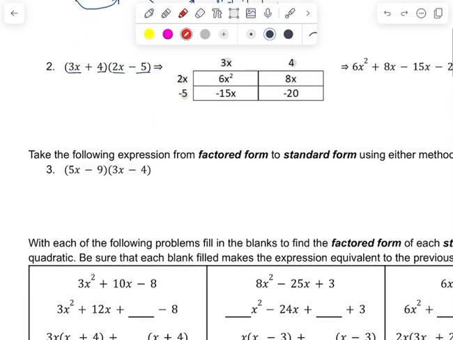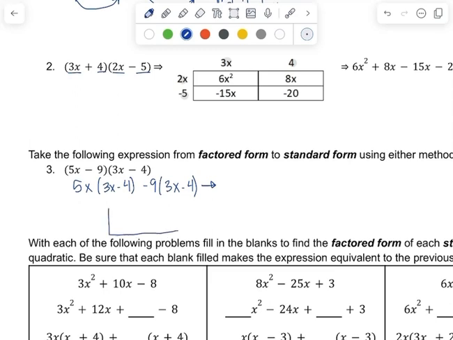Using either method shown above, either do 5x times 3x minus 4 minus 9. Don't forget to distribute the whole negative 9. You can do it that way and get your standard form, or you can do it with an area model like it's shown above. 5x, and it doesn't matter which side each one goes on, as long as they stay on the same side as the term they're in the parentheses with.